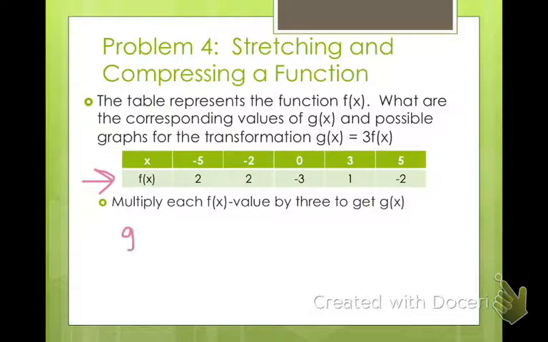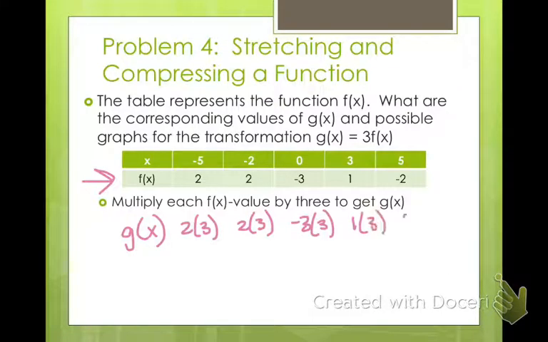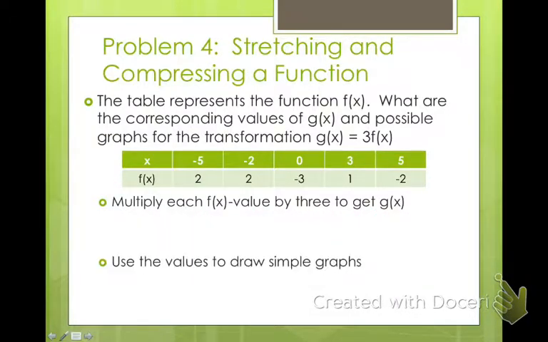So my g of x would be 2 times 3, 2 times 3, negative 3 times 3, 1 times 3, and negative 2 times 3. So g of x is 6, 6, negative 9, 3, negative 6. Not too complicated.